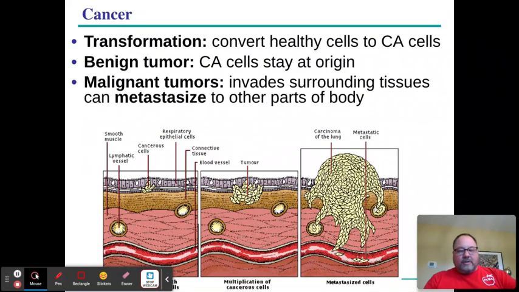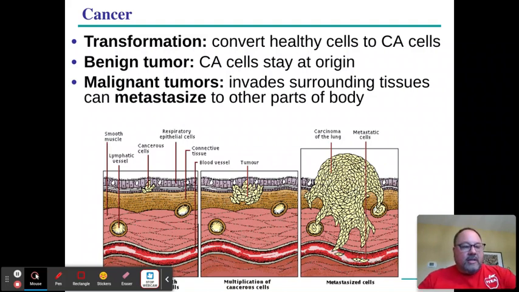All right, last little bit talking about cancer here. Cells that are healthy will progress through the cell cycle in that orderly fashion that we've learned. But again, you have those checkpoints like the G1 checkpoint, the G2 checkpoint, and the M phase checkpoint. If you start to lose regulation of those checkpoints, then cells can begin to transform or become cancerous cells.